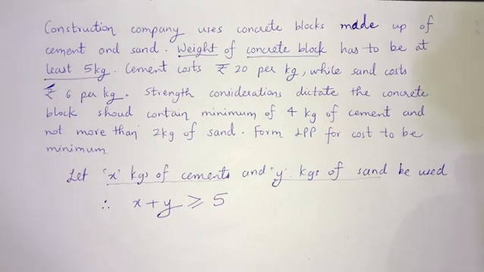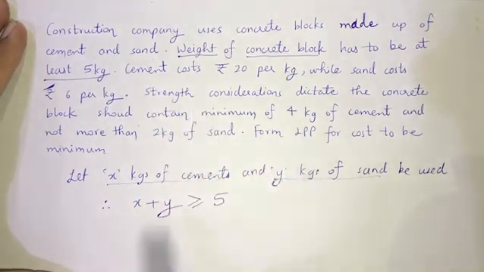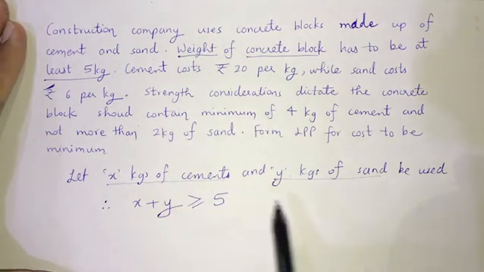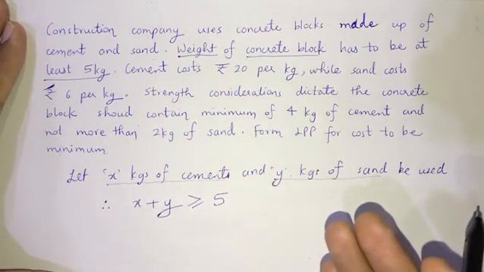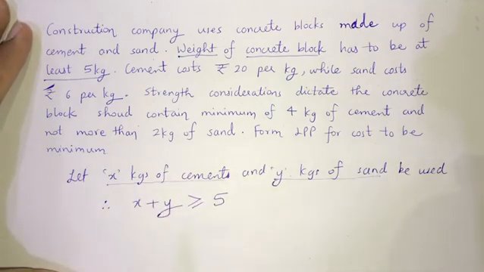The minimum weight of the block has to be 5 kgs; it has to be at least 5, it can be more than that. Now we come to strength considerations. I'm skipping the step of writing that the total weight of the block must be greater than 5, so it comes in numerical format as x plus y greater than or equal to 5. I'm leaving the rest up to you.